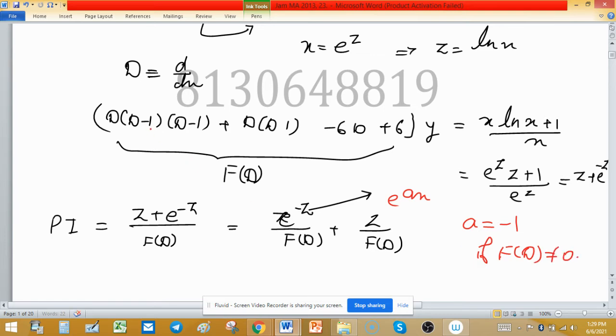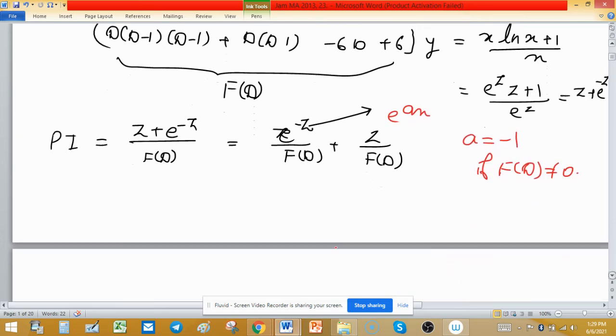So after putting minus 1, you can see this f(D) is not 0, so it will be e raised to the power minus z upon (minus 1 minus 1)(minus 1 minus 3)(minus 1 plus 2). So you can put in f(D).